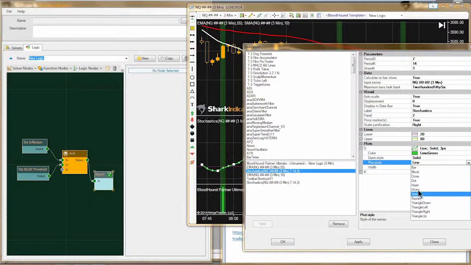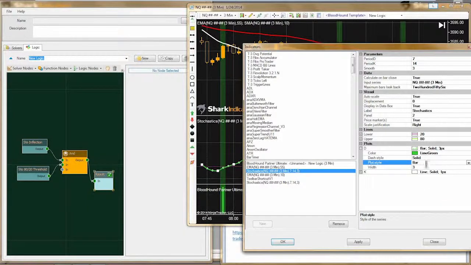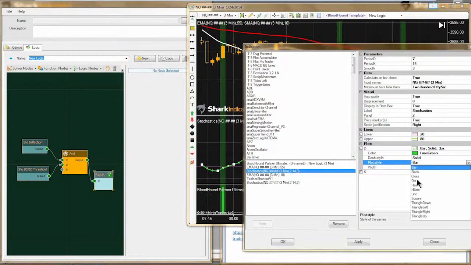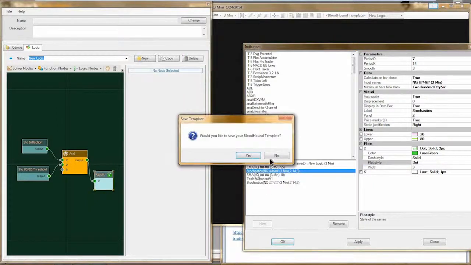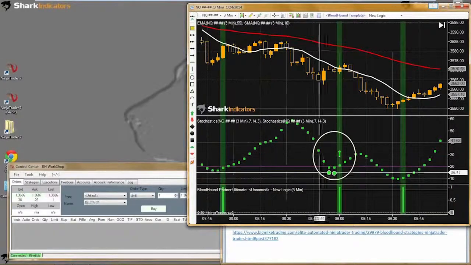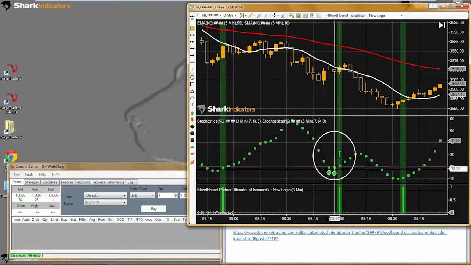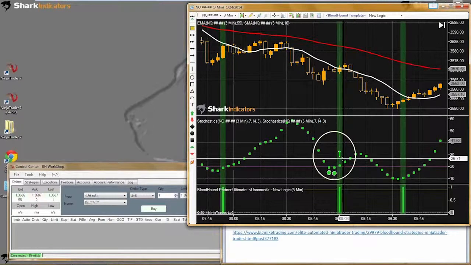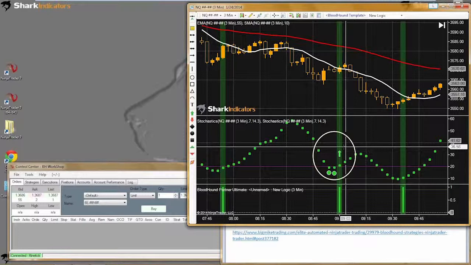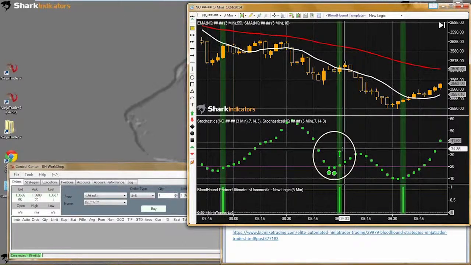Obviously, I didn't have to put both on there. So I could have been just working with the stochastic like this, and that probably would have pointed it out, but that's just kind of a preference thing. So there you go, kind of a 2-for-1 deal on that question.